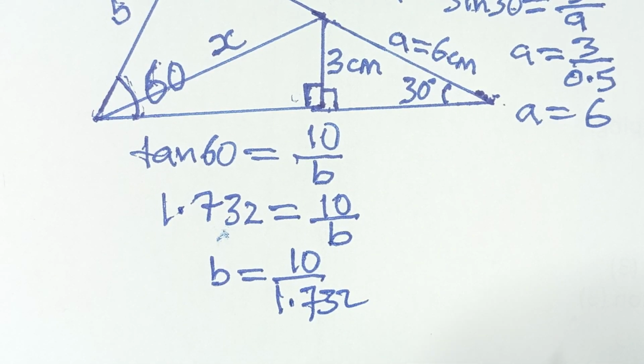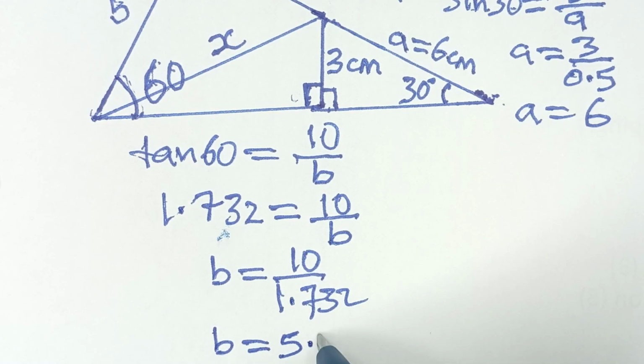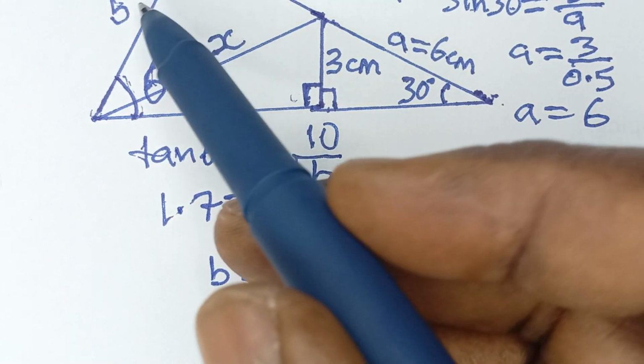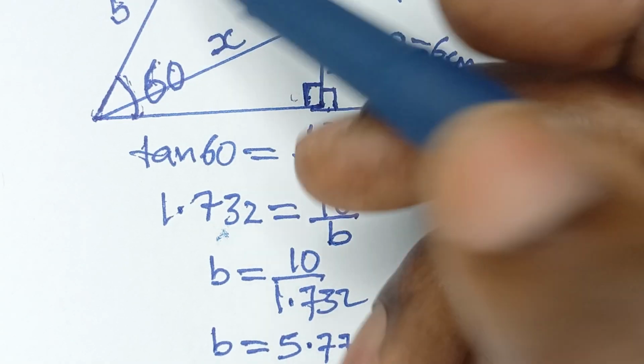From our calculator, that gives us 5.774. So B is 5.774.